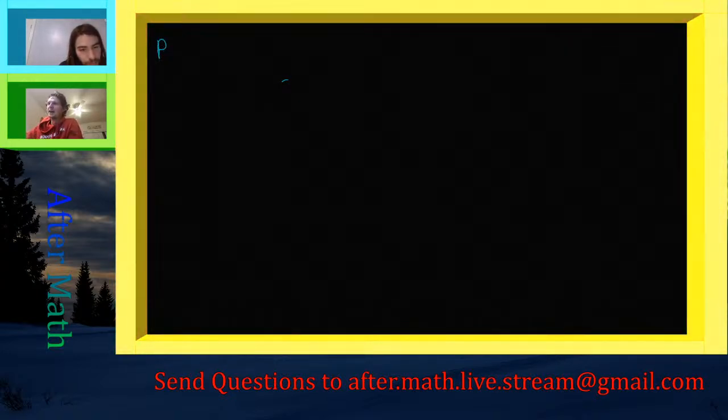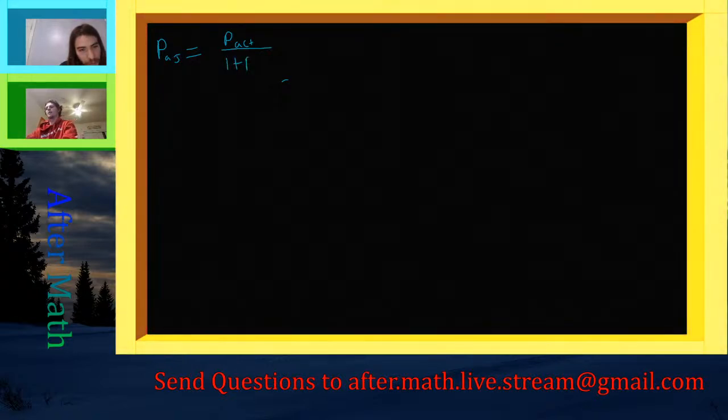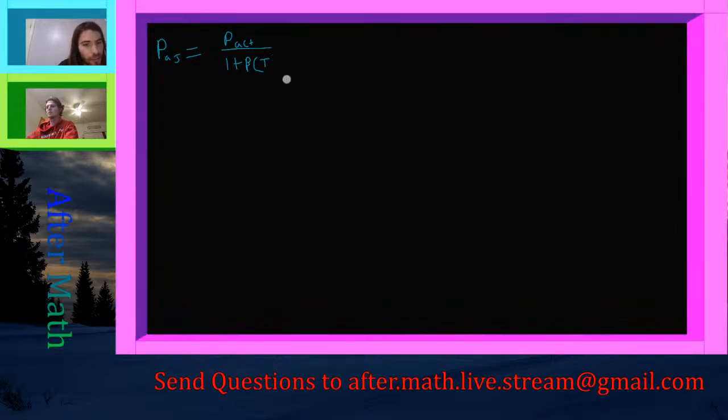P adjusted is equal to P actual over 1 plus beta, and then we've got T for temperature minus RC.